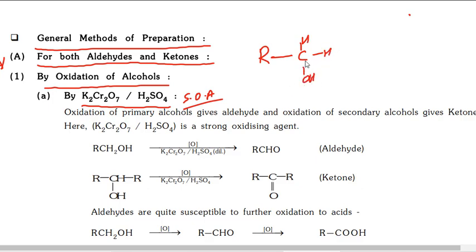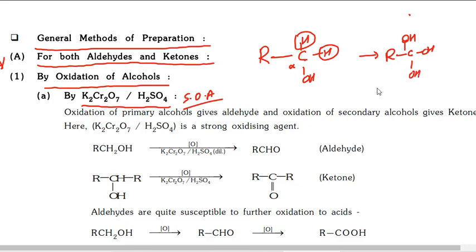The OH-attached carbon is called the alpha carbon. The hydrogens on this alpha carbon become OH in the presence of a strong oxidizing agent. So your product will be R with three OHs.